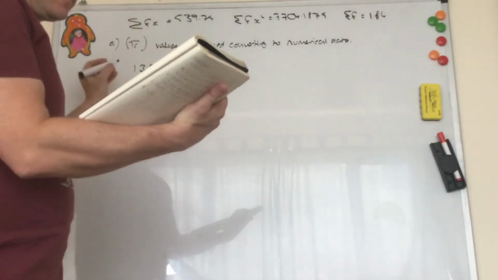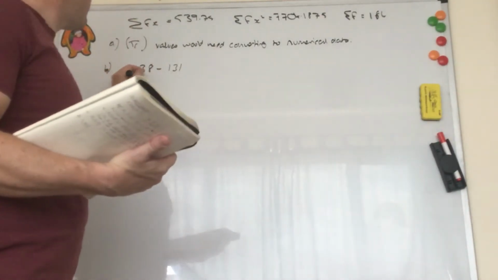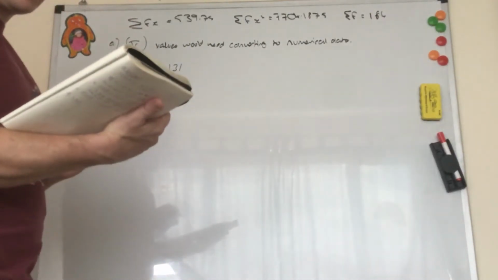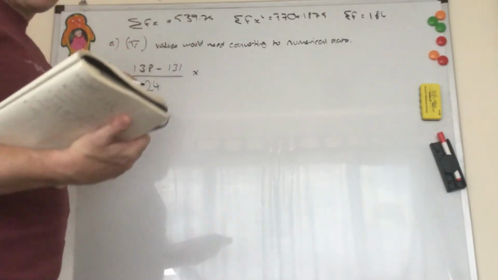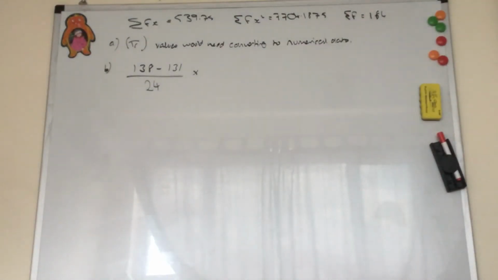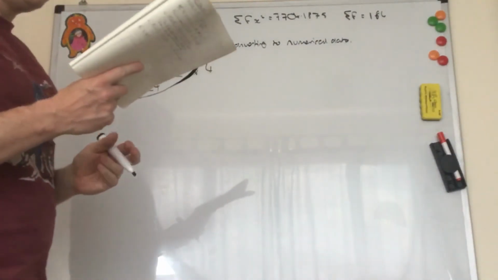And then we divide it by the amount of data that's in that group, so there's 24 values in that group. Multiply it by the width of the group. The group goes from 1 to 5, so the width of the group is 4.